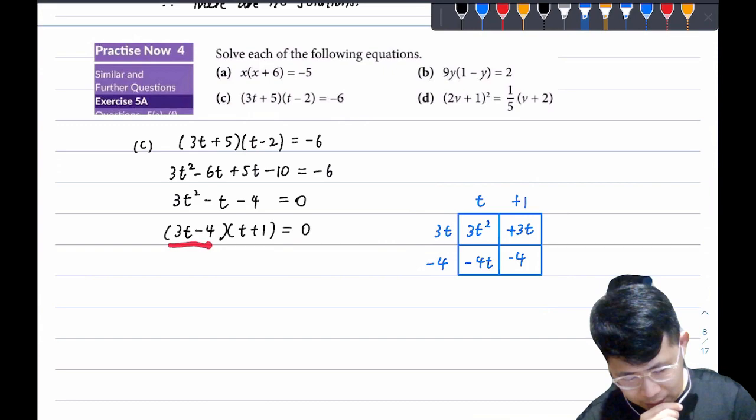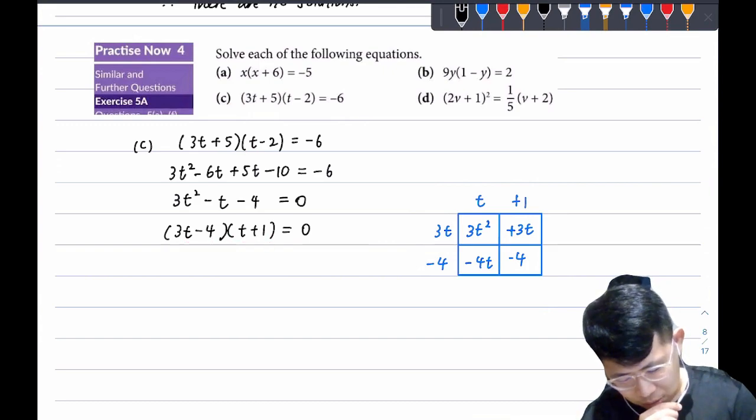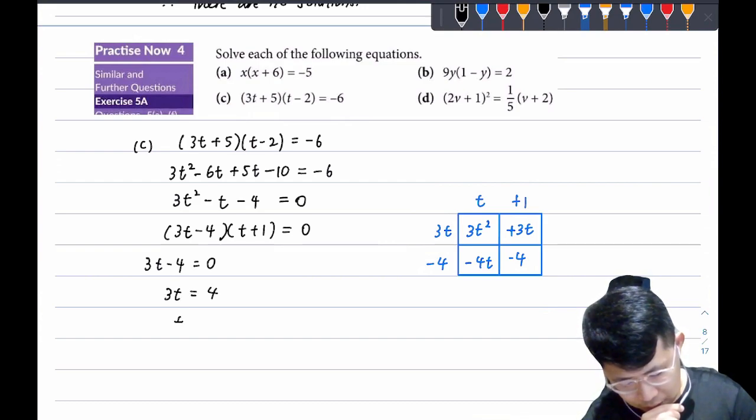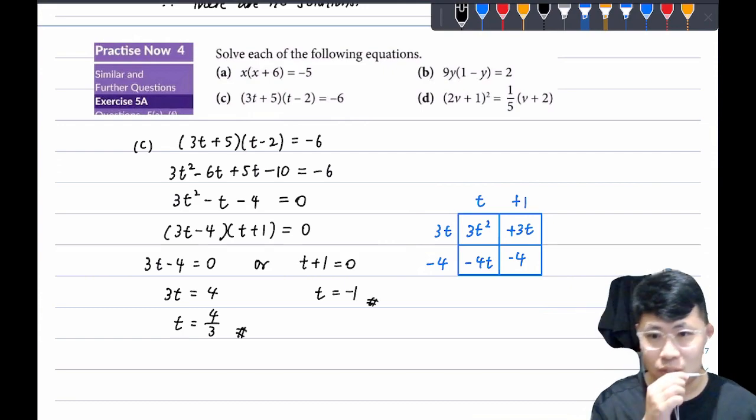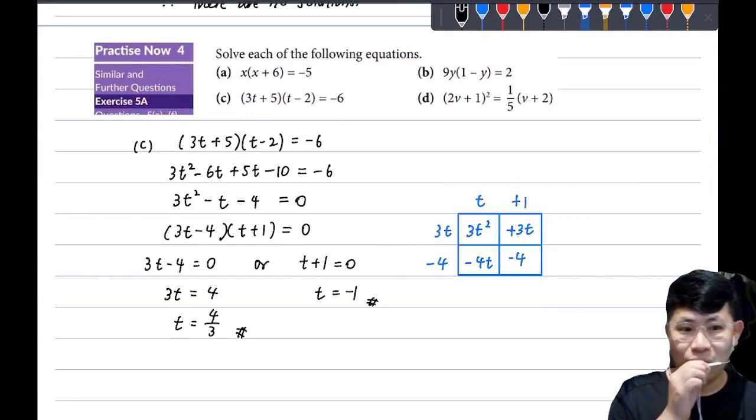So either this equals 0 or that equals 0. So 3t minus 4 equals 0, 3t equals 4, t equals 4 over 3, or t plus 1 equals 0, so t equals negative 1. This will be our second solution. So there are two solutions that we can find over here.